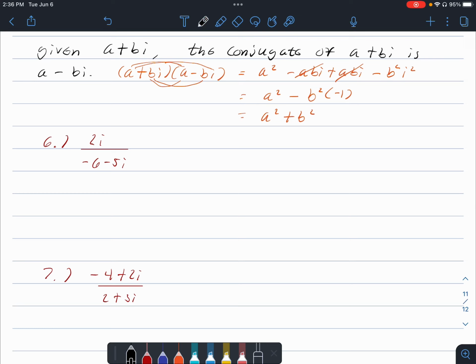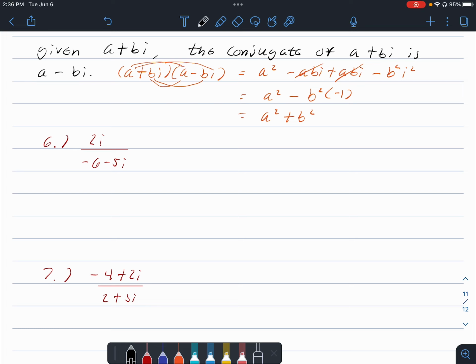Let's say we want to try to write 2i divided by negative 6 minus 5i as just a standard looking complex number where you don't have different instances of i in the numerator and the denominator. You just have a standard looking complex number, where you just have one i. That's all you're dealing with here.